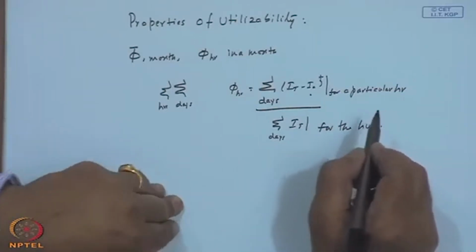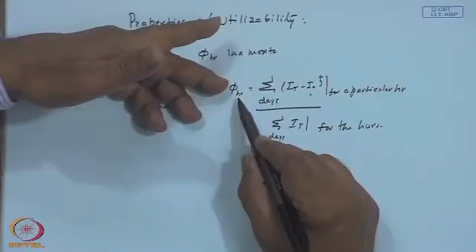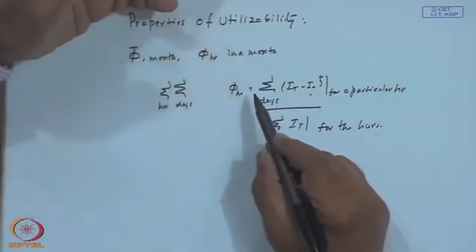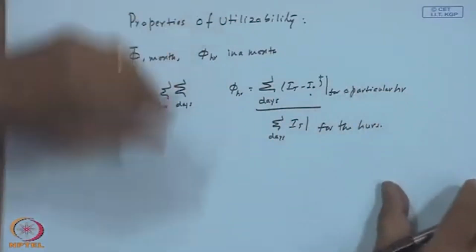So, it is not the utilizability for several hours in the day, but it is the utilizability of all the days in the month for a given hour. So, if I know each hour's utilizability and you sum it up, you will get the monthly average daily utilizability also.